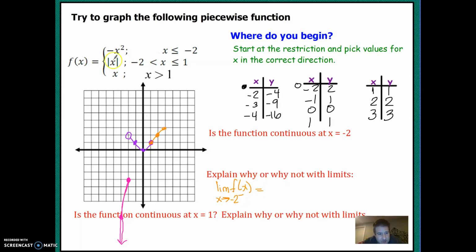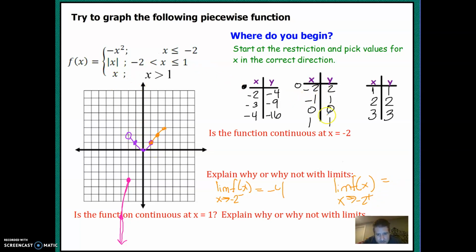So from the left-hand side, which means I'm using the first piece, and that's what that negative sign is right there. If it was a plus sign, then it means it's from the right-hand side. So if I put -2 in here, I've actually already done that. I get -4. Now, the limit of f of x as x approaches -2 from the right-hand side, which means I'm using this function right here.